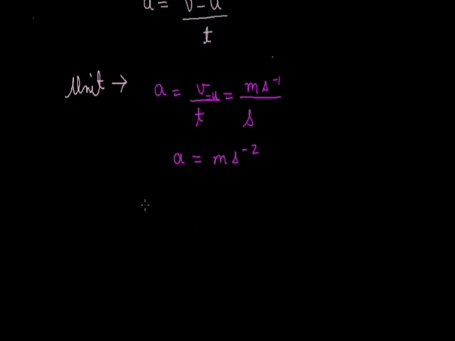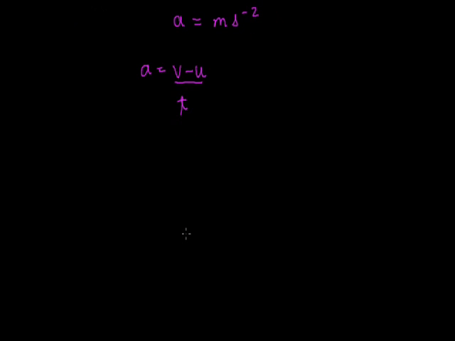Now we said that a is (v minus u) by t, which gives us the acceleration, so there can be two cases. Let us consider case 1. Sometimes it may be possible that v is less than u. It implies that the difference v minus u will be a negative quantity.